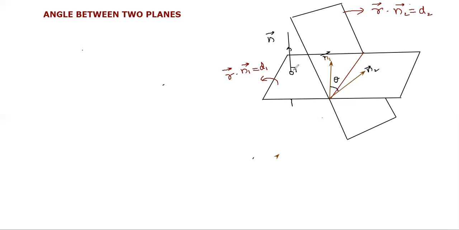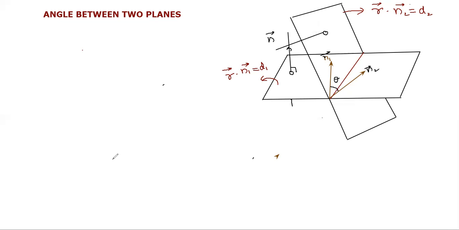Okay, if you draw the normal to this plane, and suppose the normal to this plane, let's draw a normal to this plane. It will be like this. Okay, it's wrong.